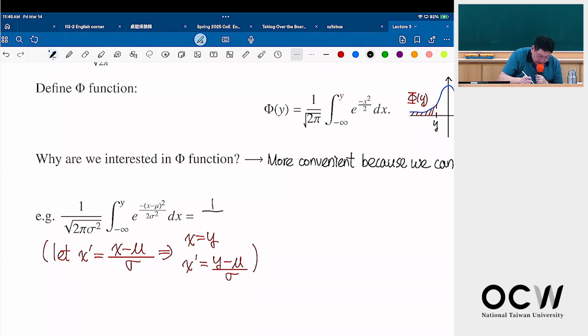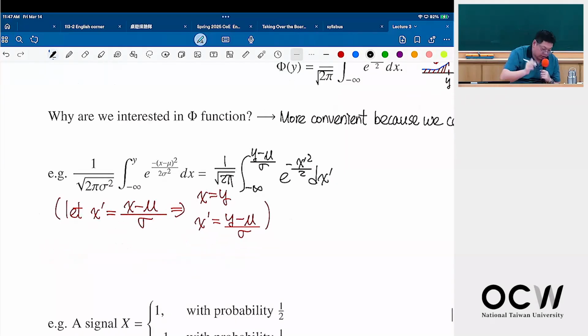Then we have 1 over square root of 2 pi, integral up to y minus mu over sigma, e to the minus x prime squared over 2 dx prime.